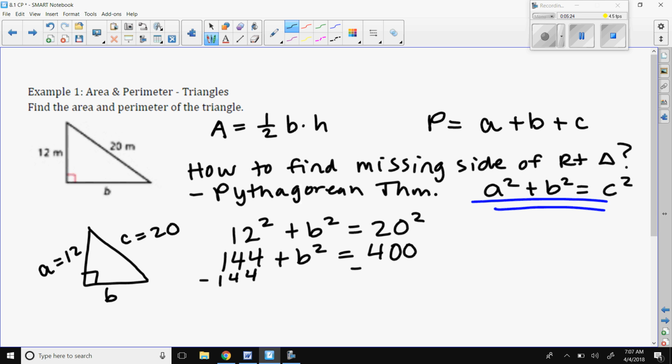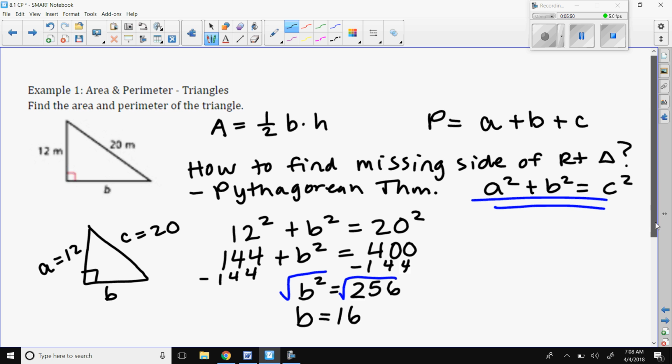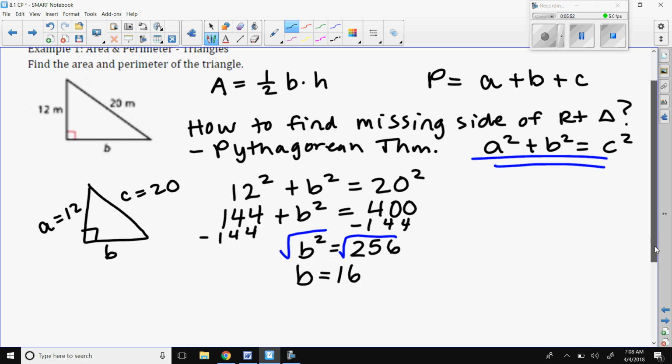Subtract 144 on both sides. I get B squared equals 256. Okay, undo the square with the square root, B ends up alone, and I end up with 16 as my side length for B.